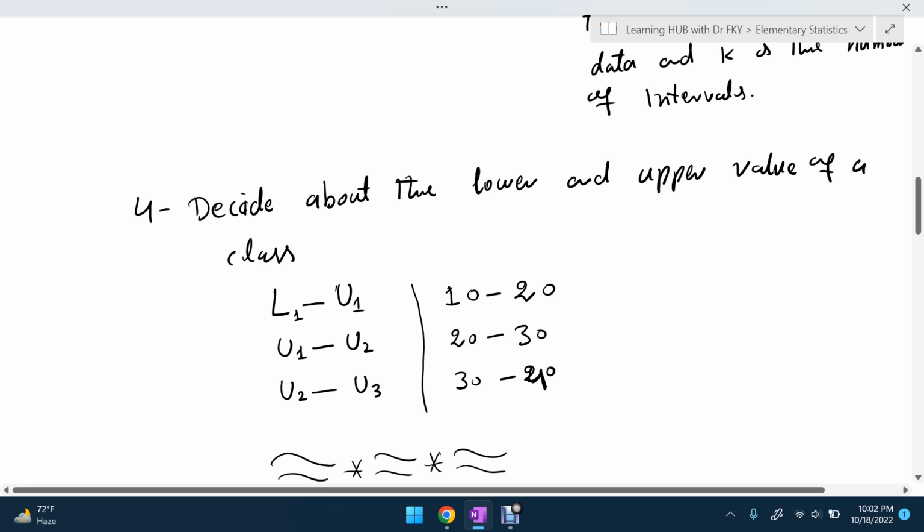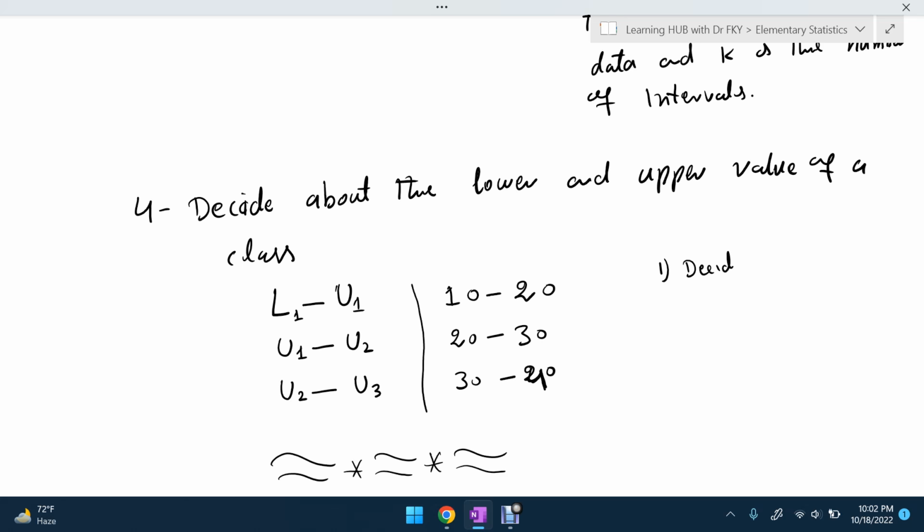So in this video tutorial we learned how to construct a frequency table from the given data. There is a four-step procedure. The first one is to decide about the smallest and largest value, L and H, the lower and higher value.